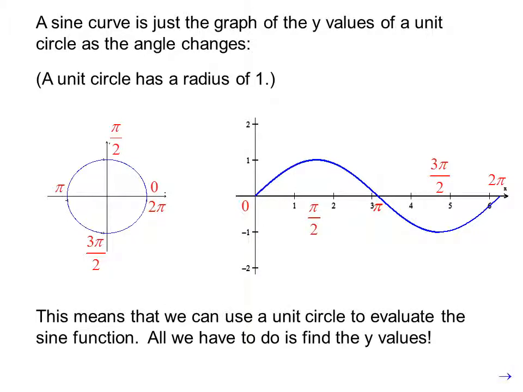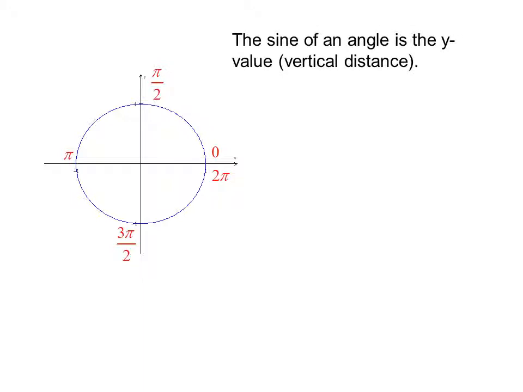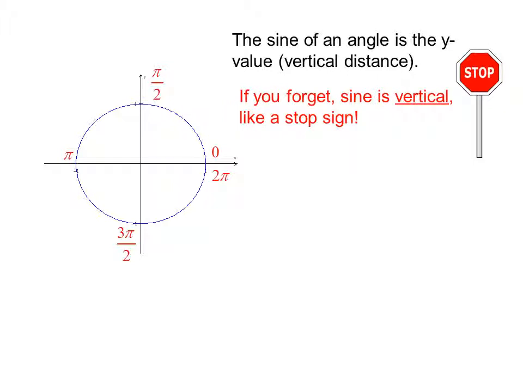This means that we can use a unit circle to evaluate the sine function. All we have to do is find the y values. The sine of an angle is the y value, or vertical distance. If you forget, sine is vertical, like a stop sign. Sine 0 equals 0.